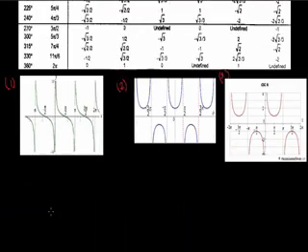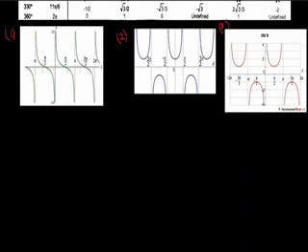Now let's discuss the domain and range of cot theta first. From the graph, we can see that the domain of cot theta will be all real numbers except the numbers at which sin theta becomes 0. Why?